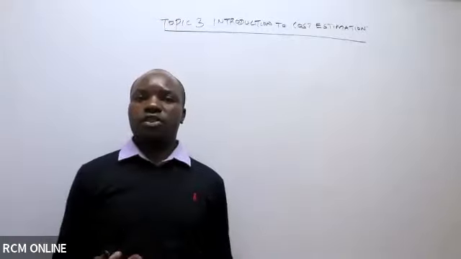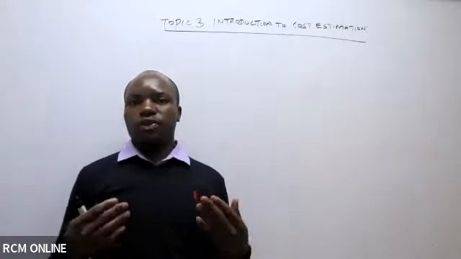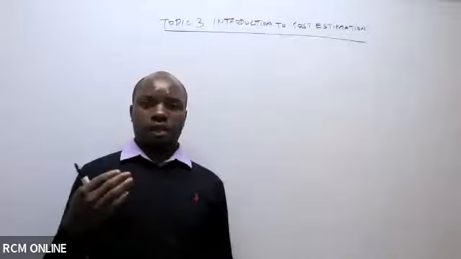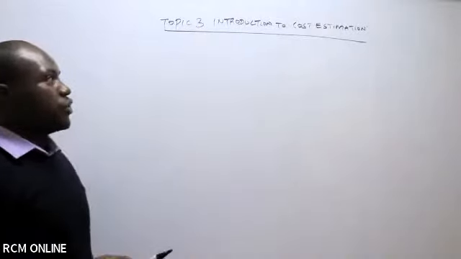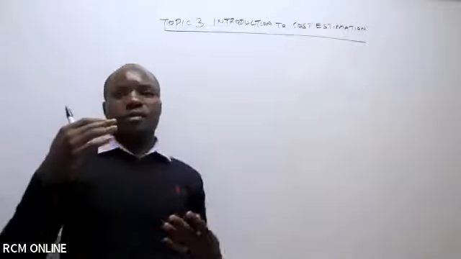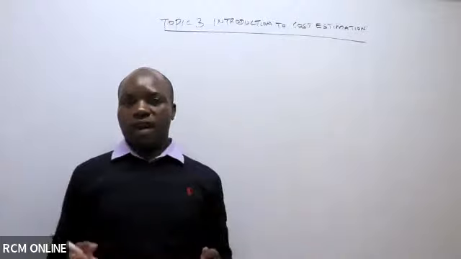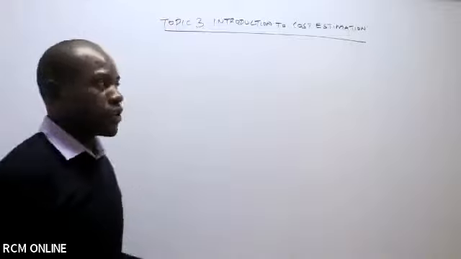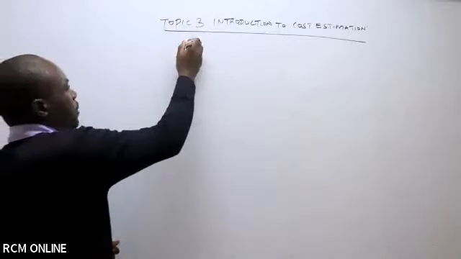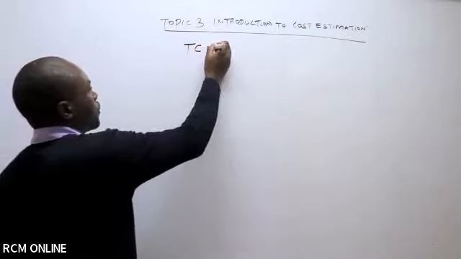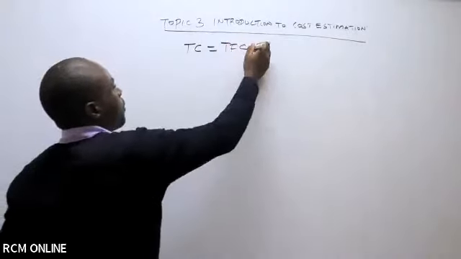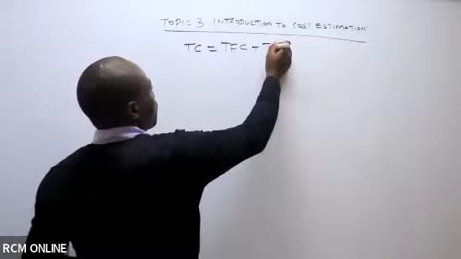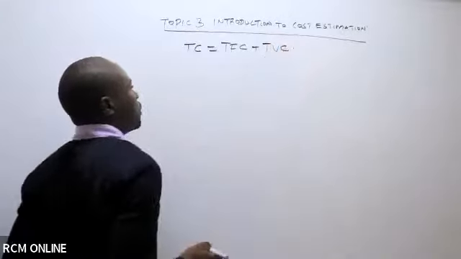So under cost estimation, we have many methods that we're going to use to do our cost estimation. As the topic reads, introduction, we are not going to deal with more than one independent variable. That is, our cost function will be in the simplest form: total cost is equal to total fixed cost plus total variable cost.